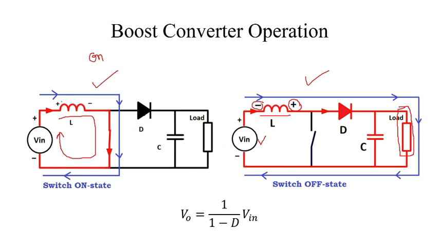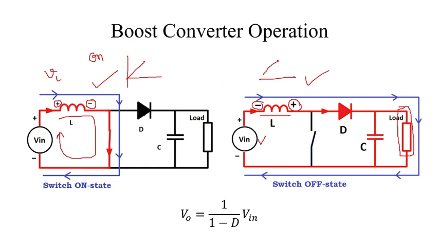During the on time, when the current is trying to build up gradually, the inductor generated voltage tries to oppose the current build up. That's why this is positive and this is negative. It tries to oppose the current build up because the current is increasing here. During the off time, the current tries to decrease because the build up has already happened.